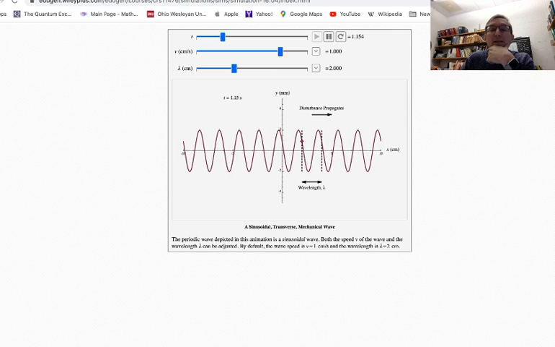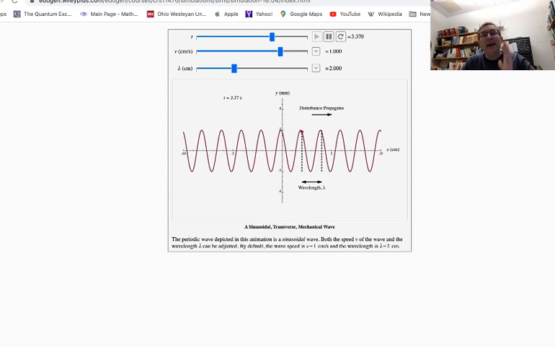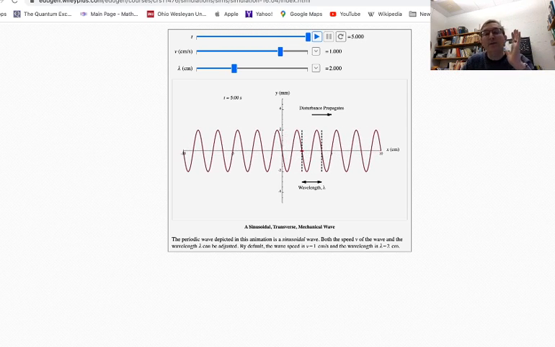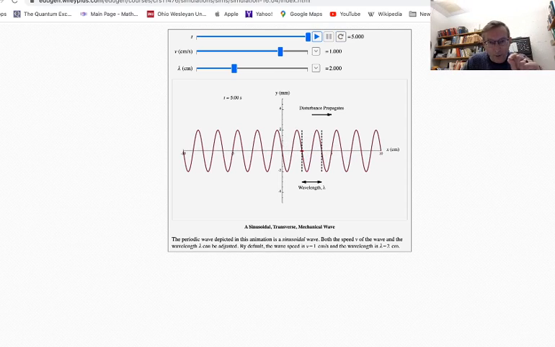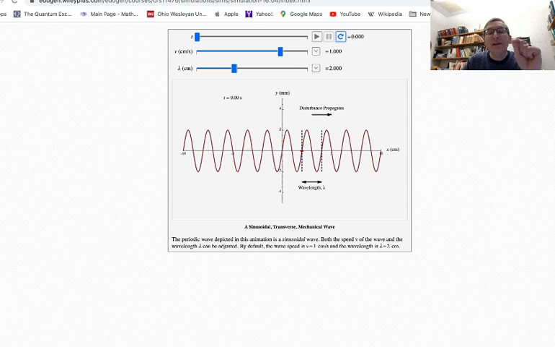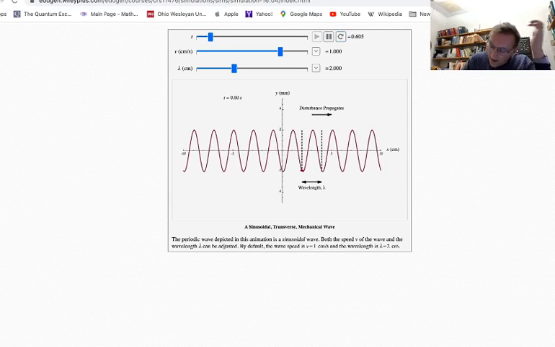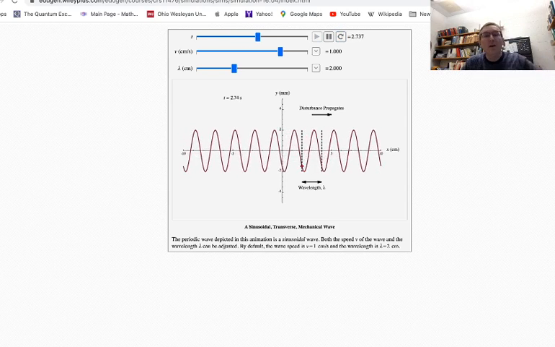That red dot moves merely up and down in the y direction. And in fact, it moves up and down with simple harmonic motion. That's really important to note, that any particular piece of the string, such as the one painted with the red dot, moves up and down with simple harmonic motion.